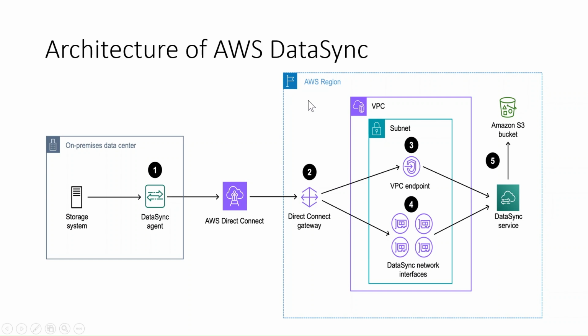So the AWS DataSync agent will identify the data on your on-premises storage. So the data travels through the AWS Direct Connect, a private connection, to ensure fast and secure transmission.